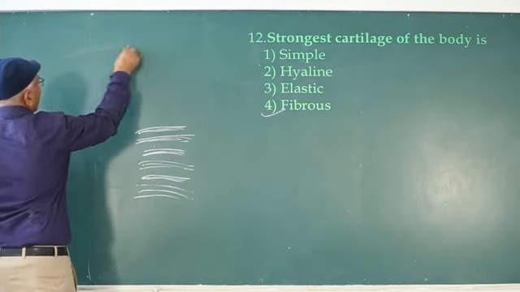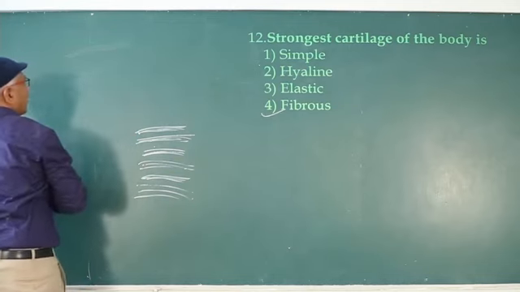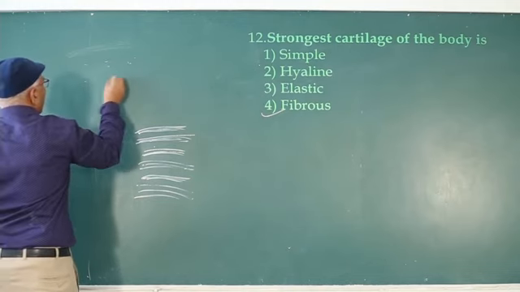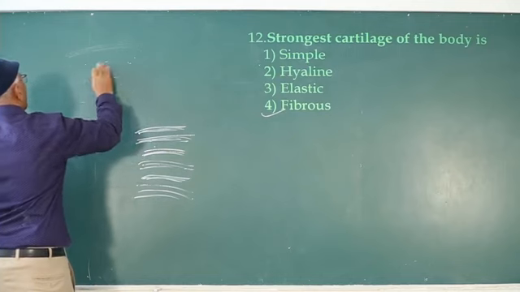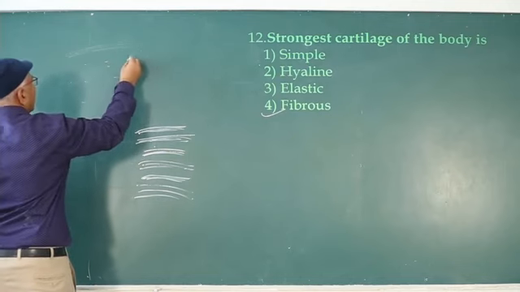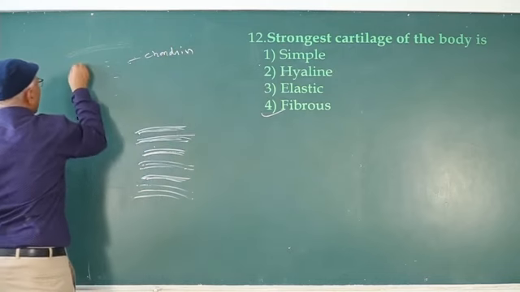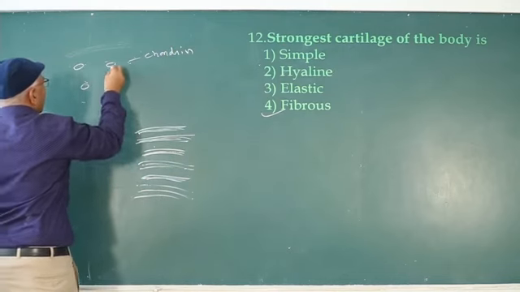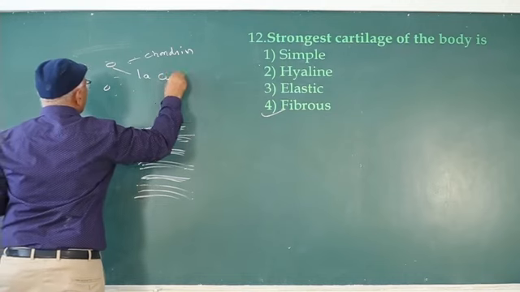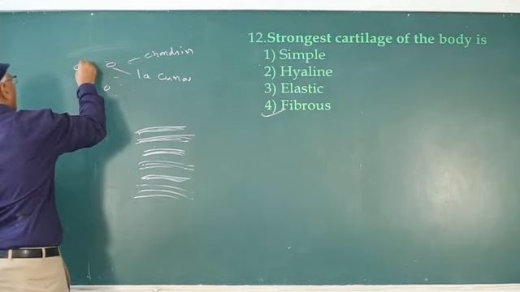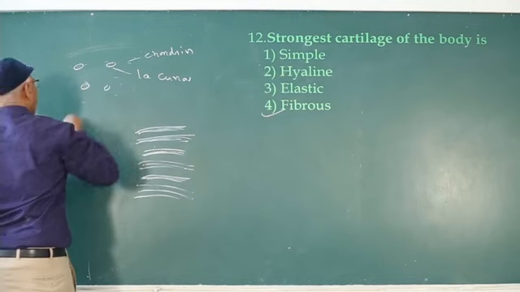The fibrous layer present around the cartilage is the perichondrium. Below the perichondrium is the matrix, that is chondrin. Chondrin contains empty places, lacunae. Each lacuna contains 2 to 4 chondrocytes.